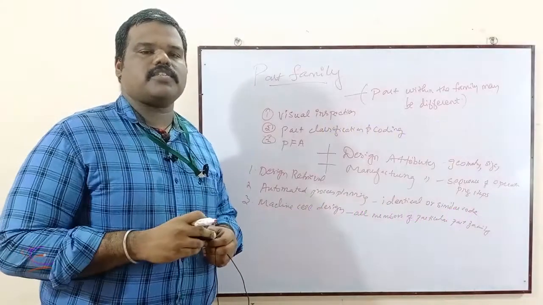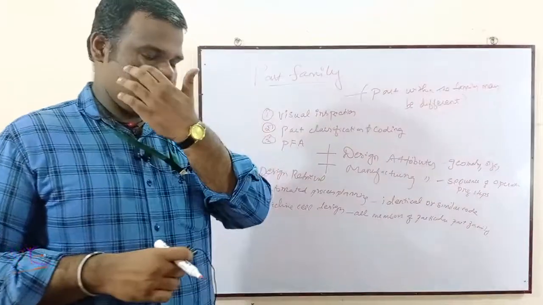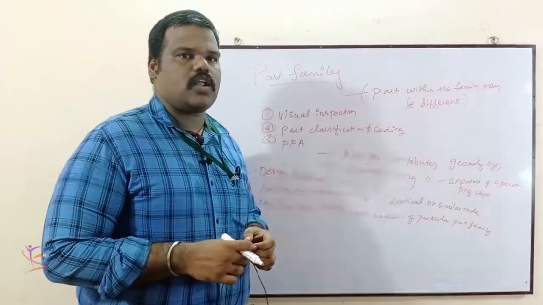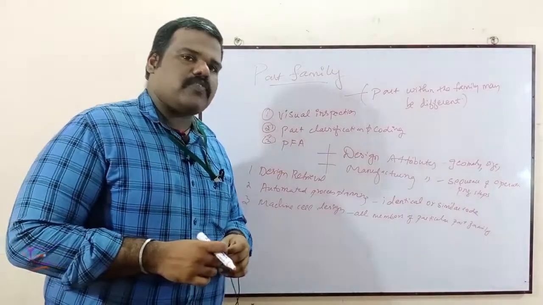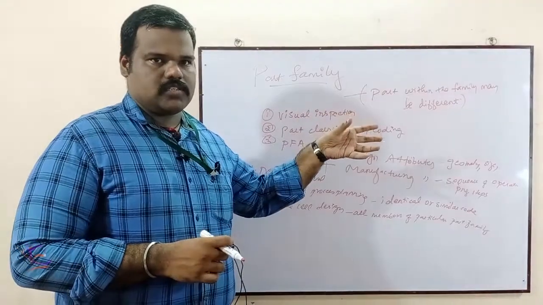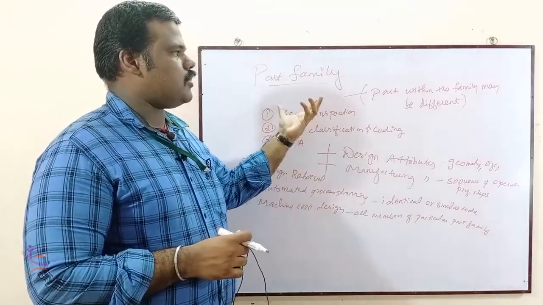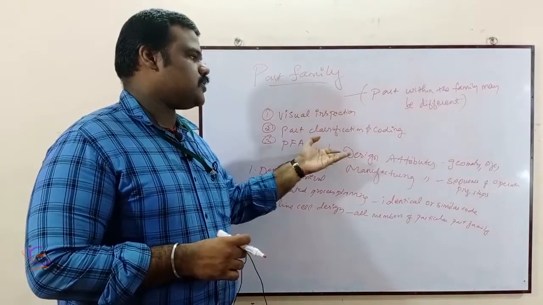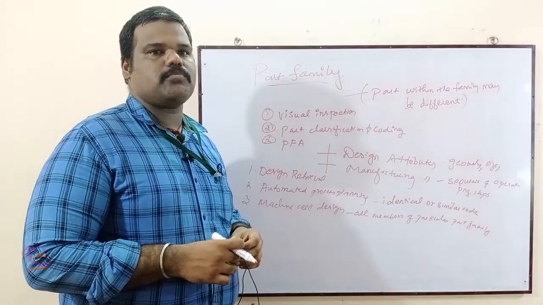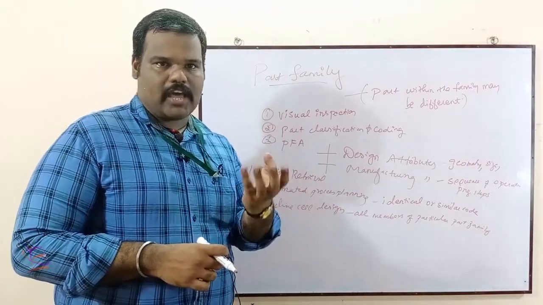So next we will see part family. I have given the outlines of part family in the previous one, and now let's see what is part family. Part family is a collection of parts which have the same design shapes or any same design attributes or manufacturing attributes, simply which are similar in size, shape, or manufacturing process.